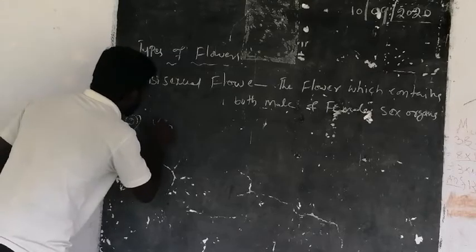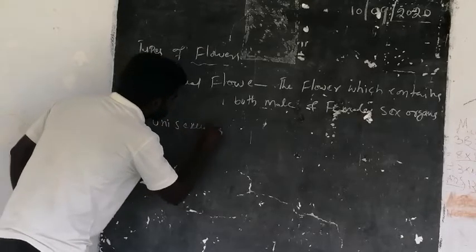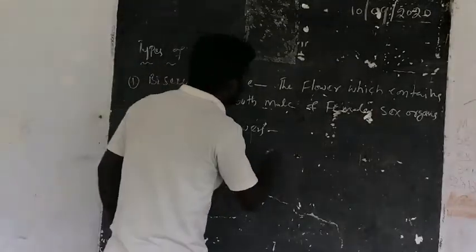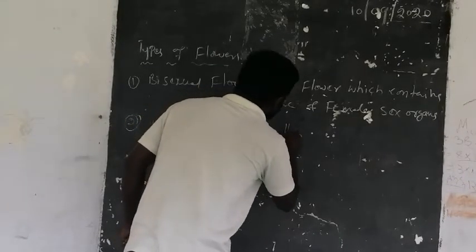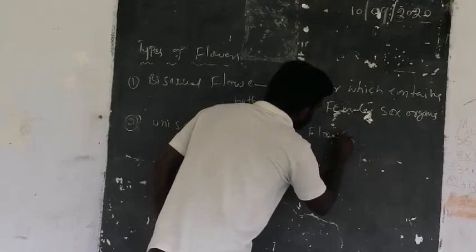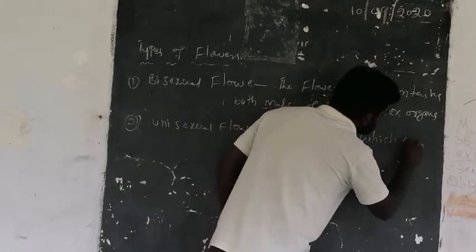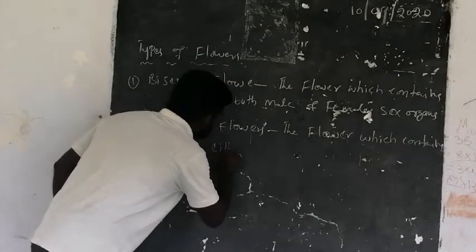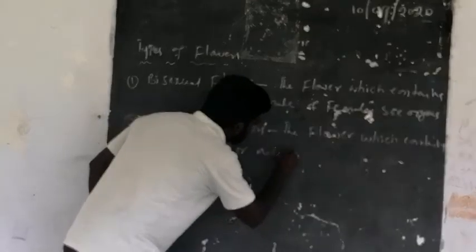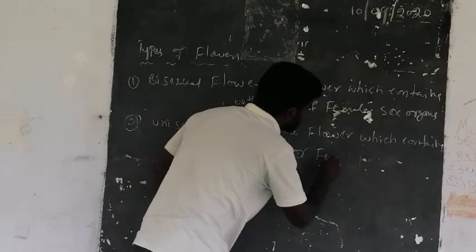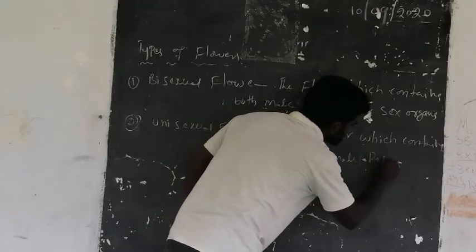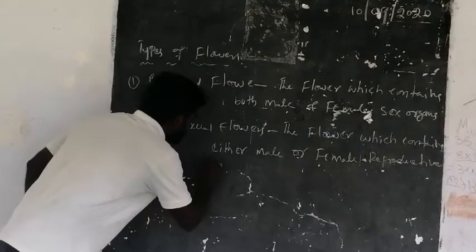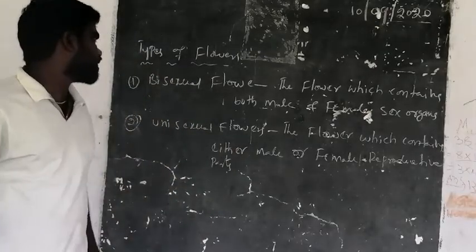Now, unisexual flowers. The flower which contains either male or female reproductive parts is called unisexual.